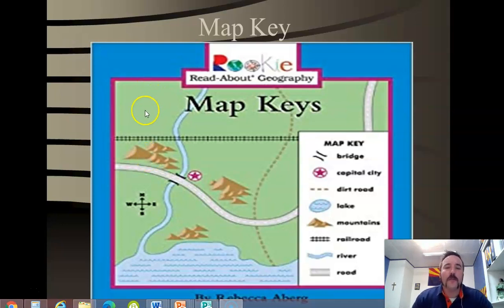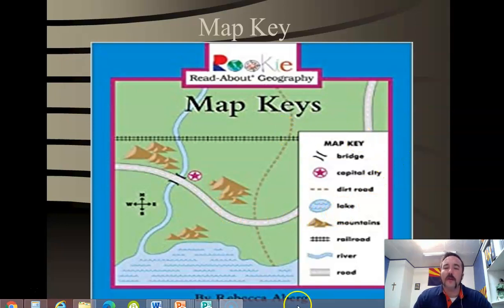Now, I know you could probably figure out that this is train tracks, and this is a river, and this is a road with the bridge, but what in the world is this star, and what in the world is this dashed line here? Again, some are pretty self-explanatory, but as the week goes on, we're going to have some other maps that make you say, whoa, what is this map trying to tell me?